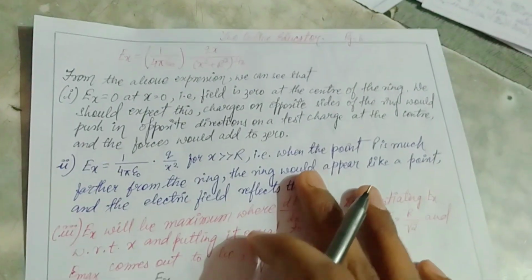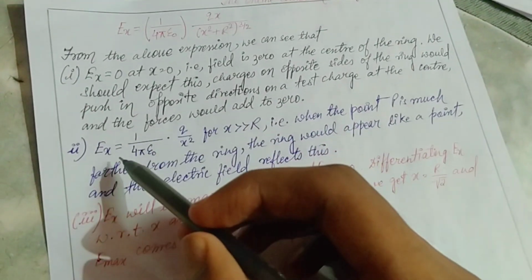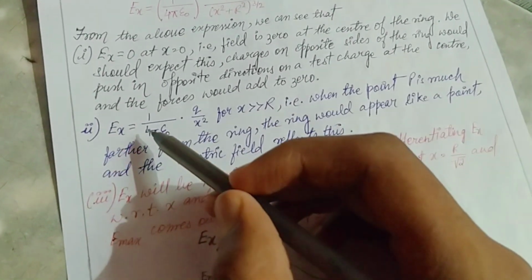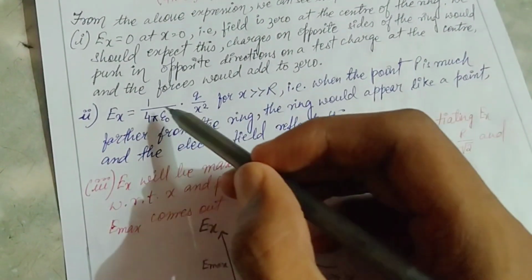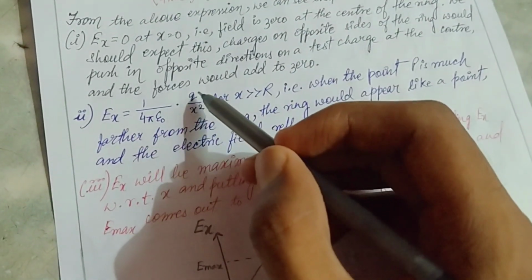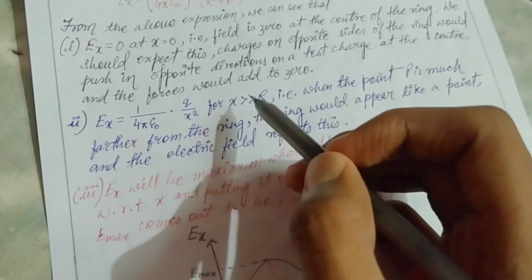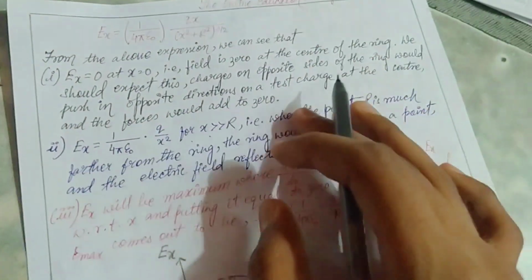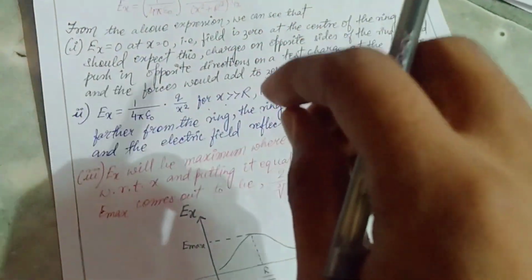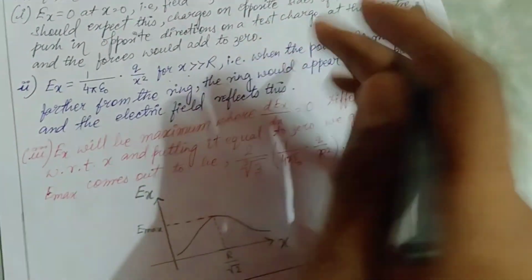Then the second condition is when x is very much greater than r, where we can neglect r.